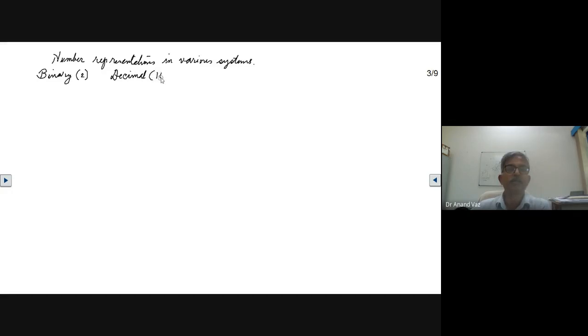Here we know the base is 10, and we'll also have the hexadecimal system. Here the base is 16.